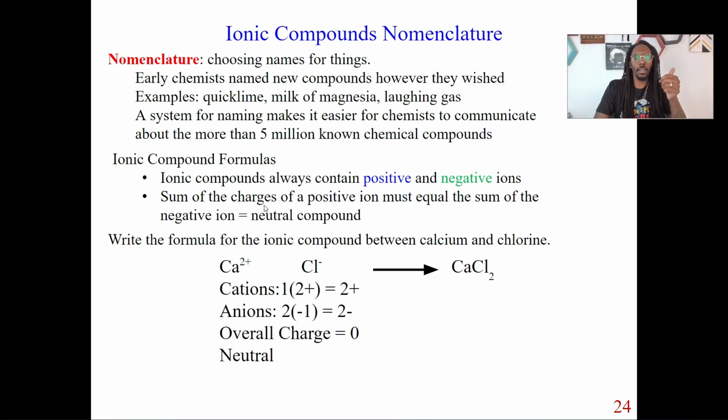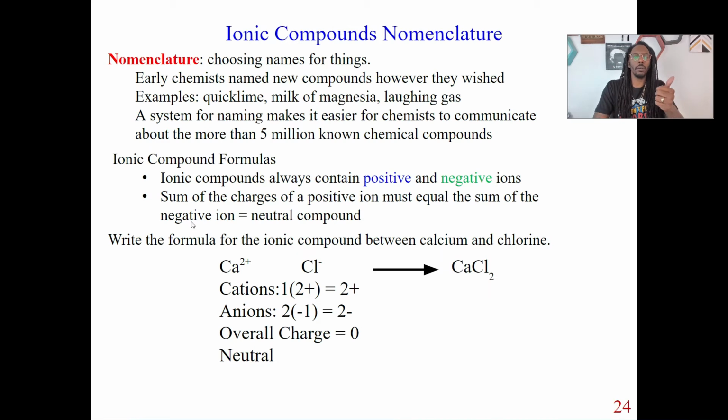The sum of the charges of a positive ion must equal the sum of the negative ion. So your positive charges will be equal to your negative charges. When this is happening, we have a neutral compound. Okay? We have a neutral compound when this occurs. All right, just remember that. This will help you later on if you understand that.